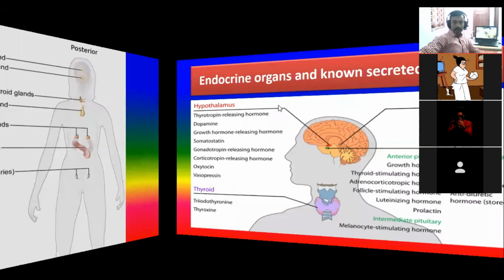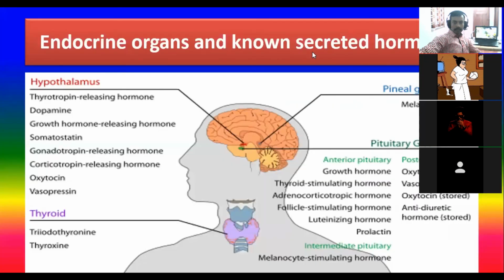Then endocrine organs and their secreted hormones. First, pineal gland, melatonin. This is hypothalamus and pituitary. Clear pictures are available with their productions.